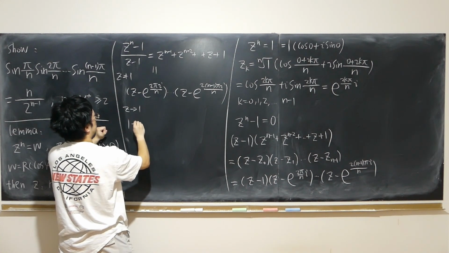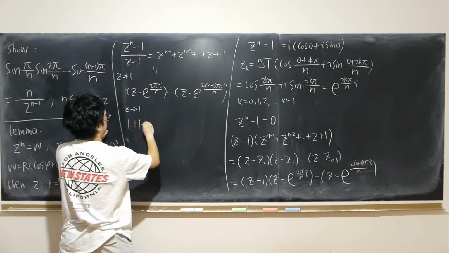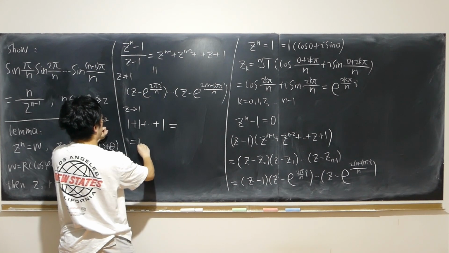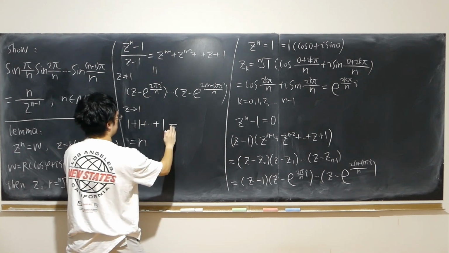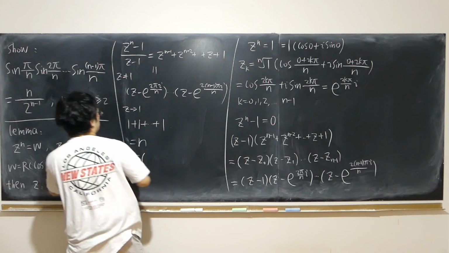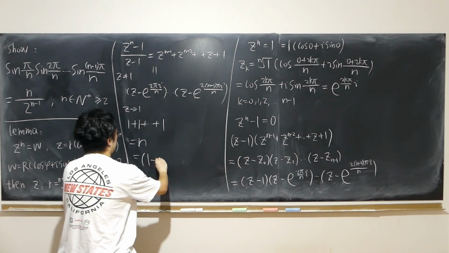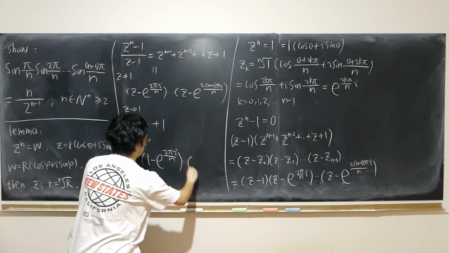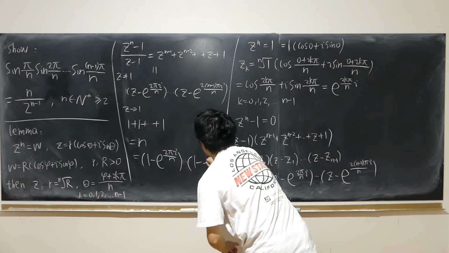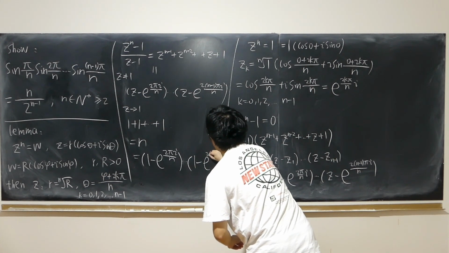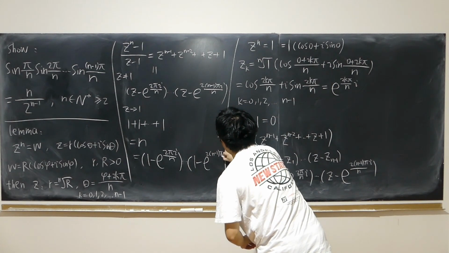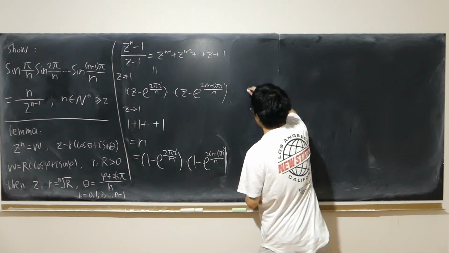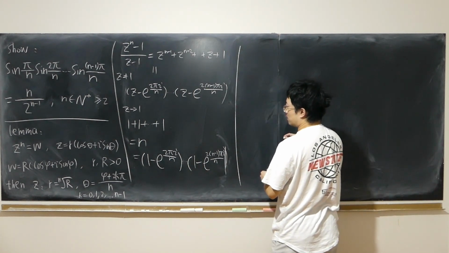So 1 plus 1, how many ones? n ones, equal to (1 minus e to the 2 pi i over n) all the way to (1 minus e to the 2 times (n minus 1) pi i over n). Now I'm going to rewrite it into a neater format, and let's copy it down.